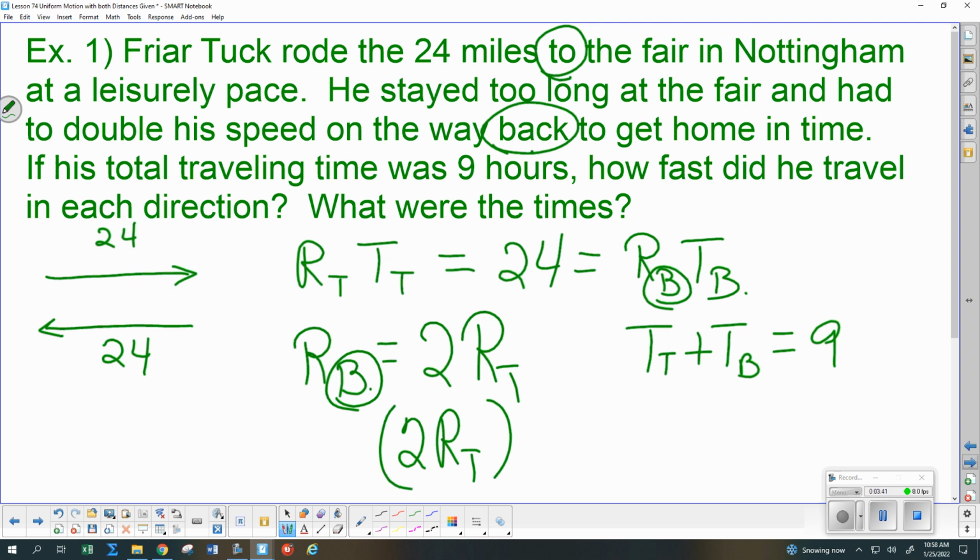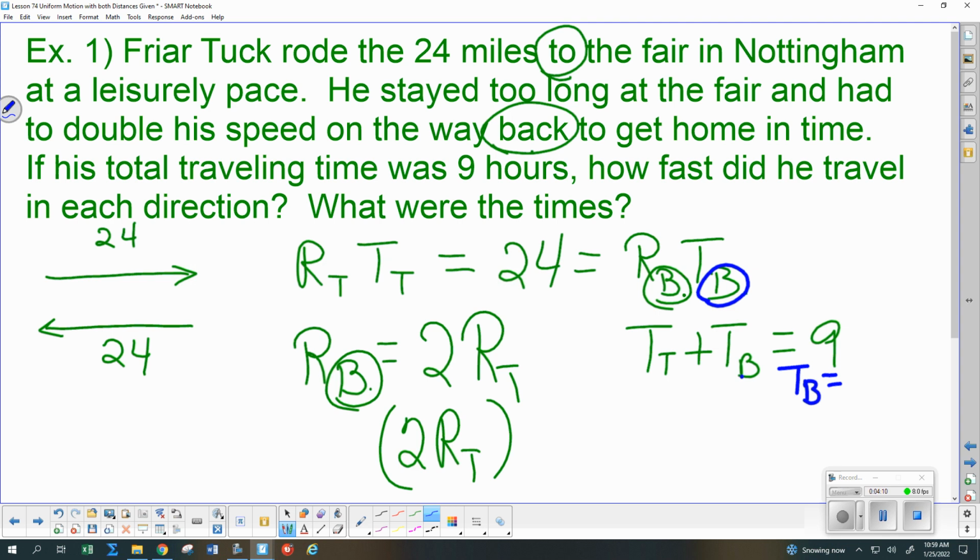And then I want to be consistent. Since I've substituted in here, I want to substitute in for the other thing with the same subscript. I substituted for RB, so I also want to plug in TB equals. So I had to take this equation right here and make it TB equals what? What am I going to have on that one?